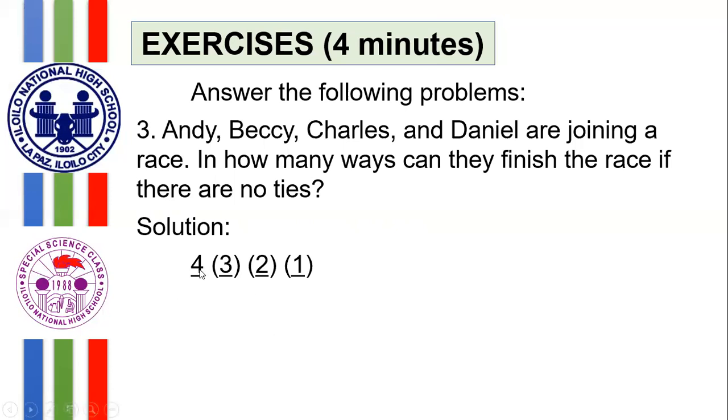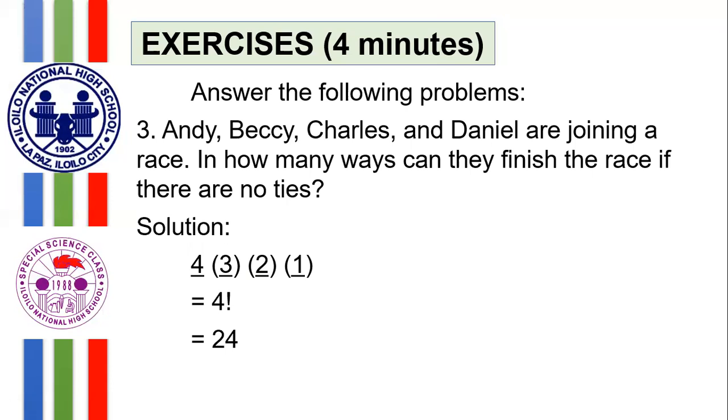If one of them is already first place, then 3 are viable for second place. And if the first and second place are determined, then 2 people are viable for third place, and fourth place is 1 left. That's why you have 4 times 3 times 2 times 1, or 4 factorial, which is 24.